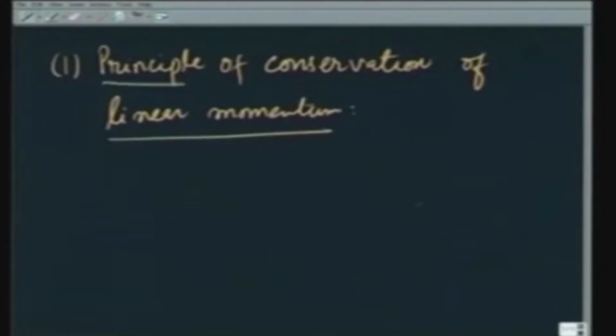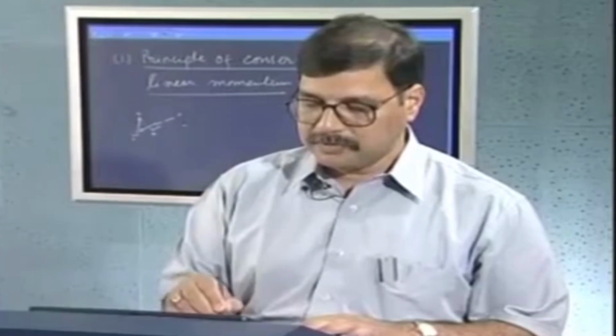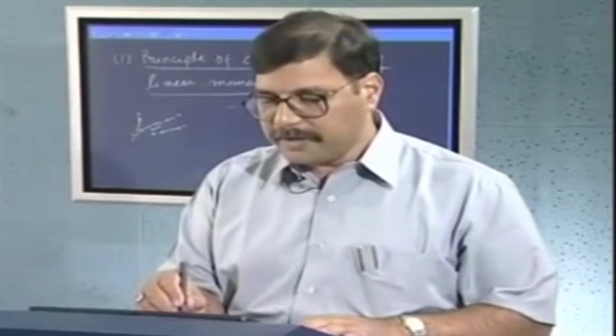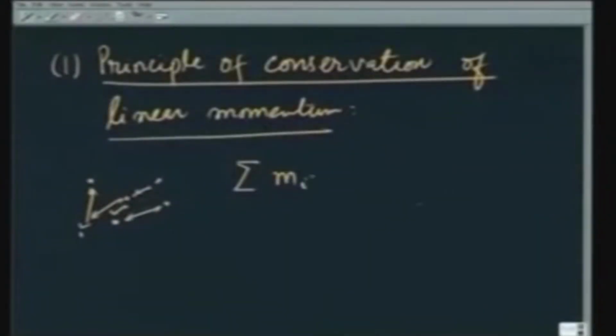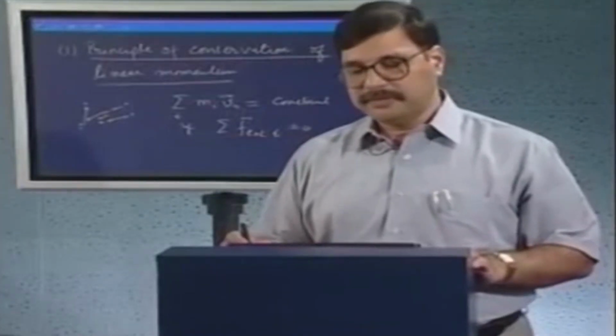What it said was that if I have many particles interacting with each other, as long as these interparticle forces obey Newton's third law, the net momentum, that is the sum of mi vi, is a constant if the summation of external forces on each of the particles is 0. That is, if the net external force is 0, the total momentum of the system remains a constant.